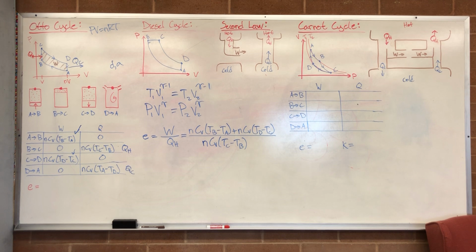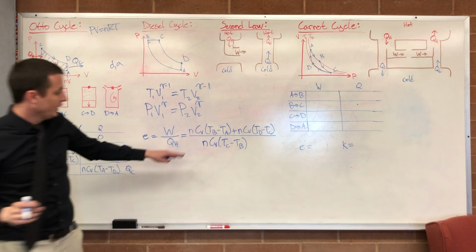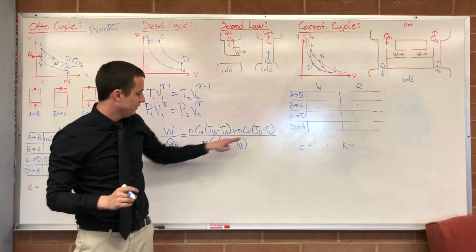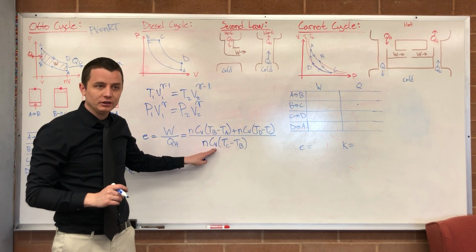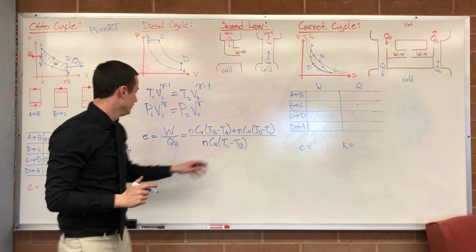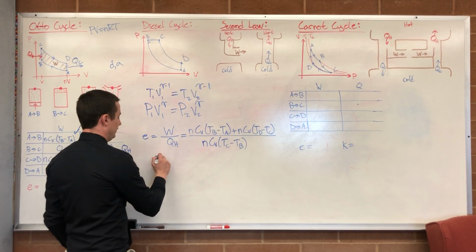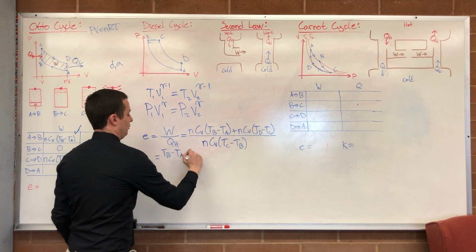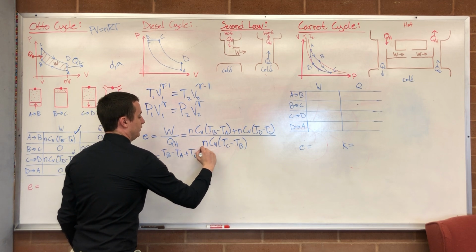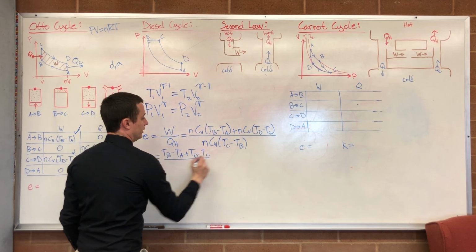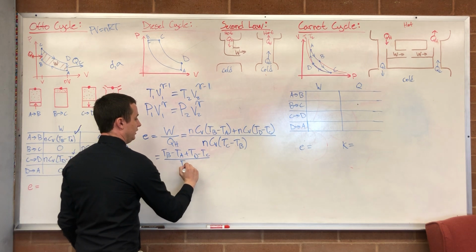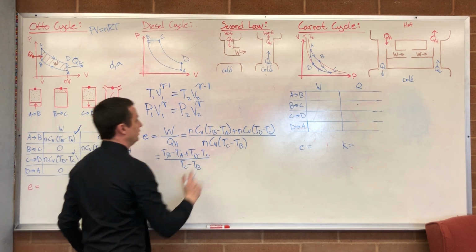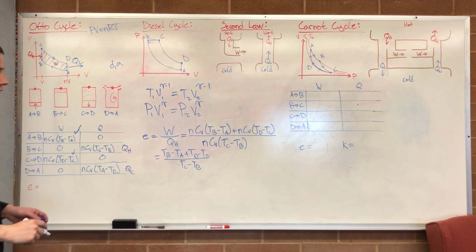Oh, because it's adding together? Okay. So now we have NCV, NCV, NCV. We can cancel out the NCVs top and bottom. And so this whole thing then is equal to TB minus TA plus TD minus TC all over TC minus TB, right? Okay.